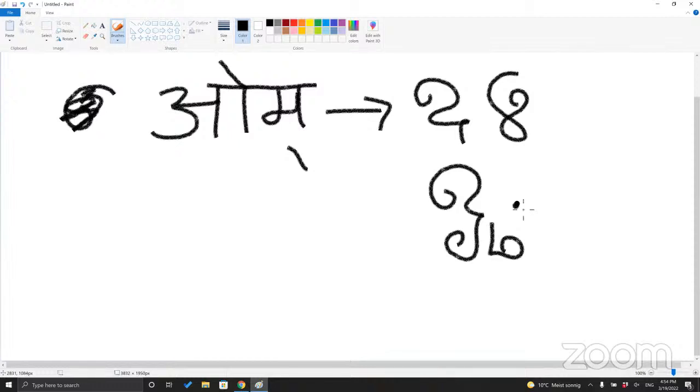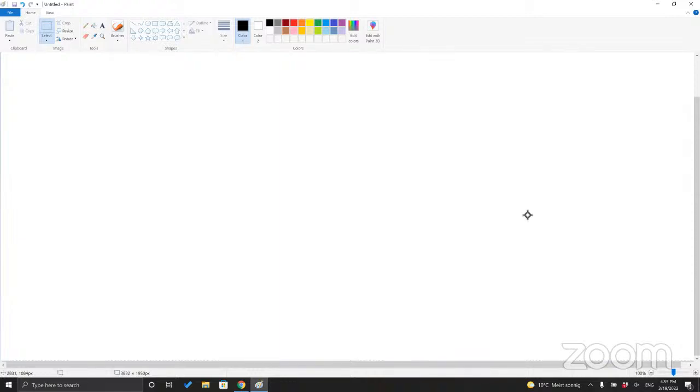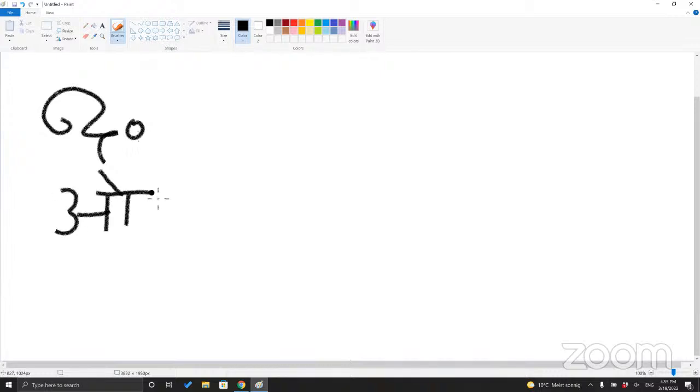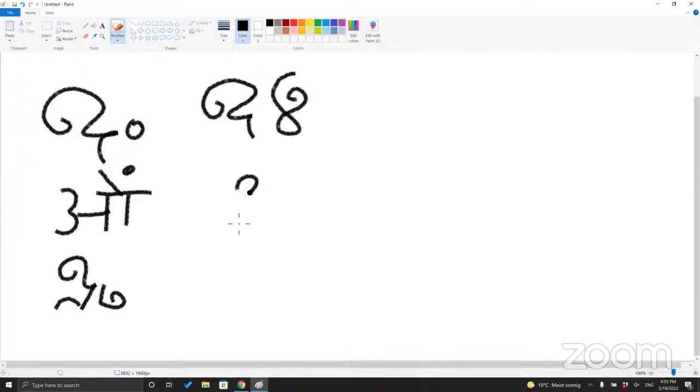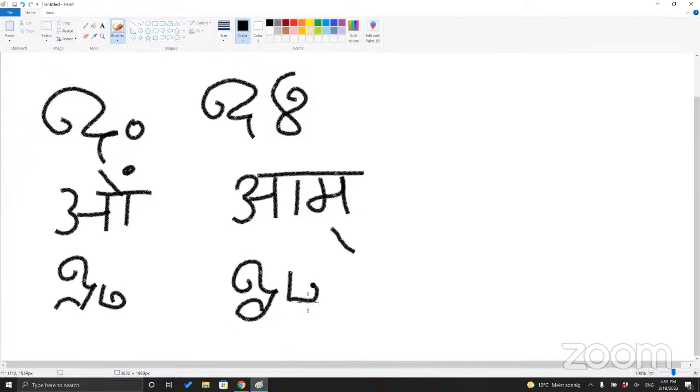So there's also a special symbol for Om. If you want to write it, usually Om can be found like this, or it can be found like this. Sometimes you also have a special symbol.